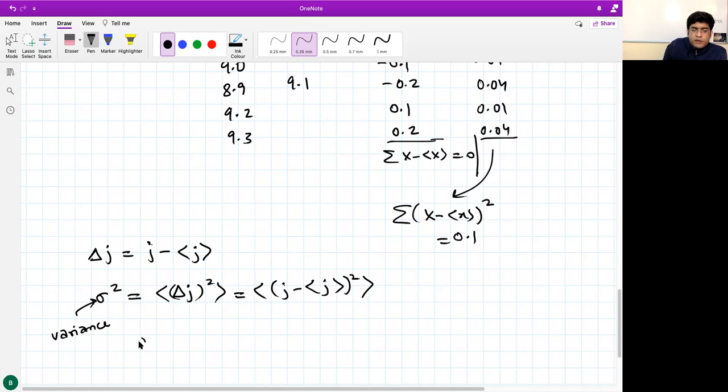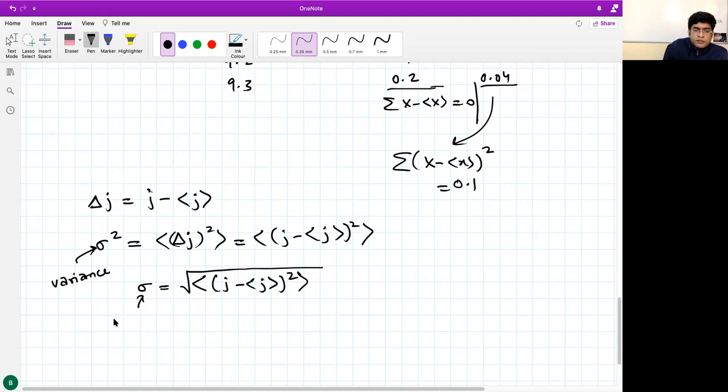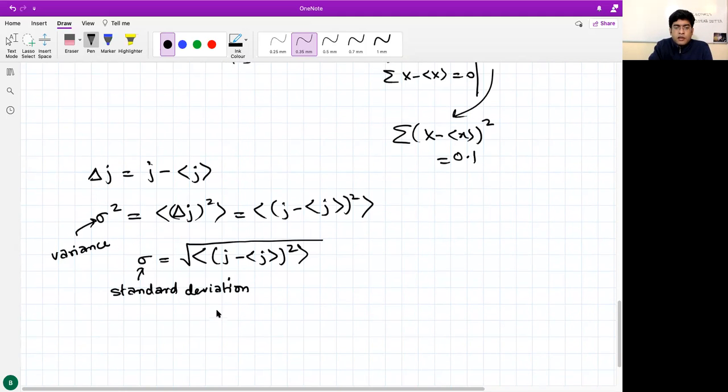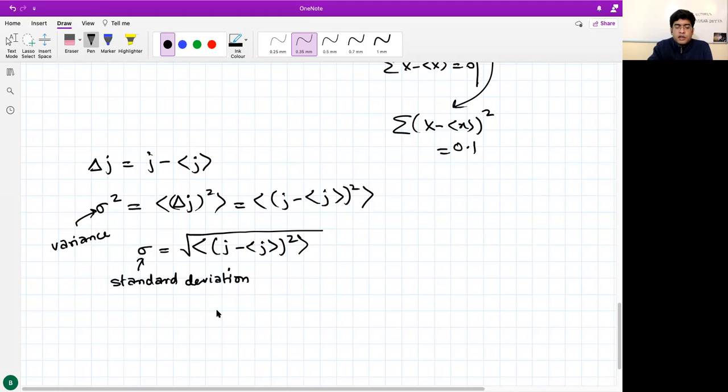Or if we find sigma, it will be given by the square root of this quantity, and this one is called standard deviation. So this gives us an idea of how much the spread of the graph is, how far from the mean position the other data is. So let's simplify this. Now let's write something called standard deviation.